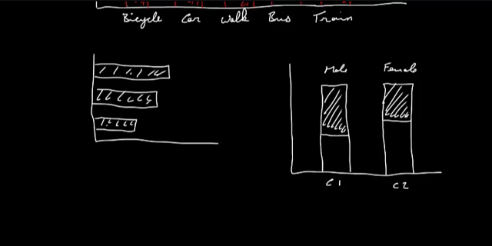So you'd have a little key here as well somewhere. We'll put it here. You would just say these are male voters, and this would represent female voters.